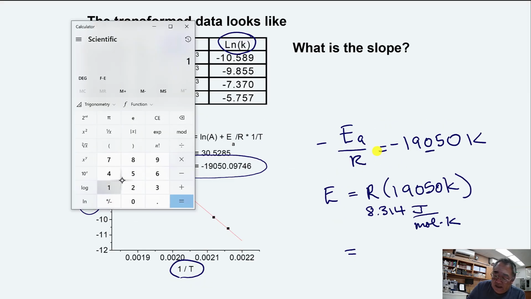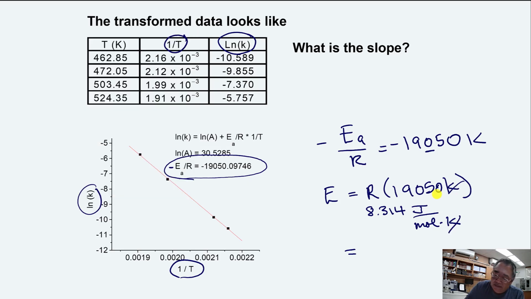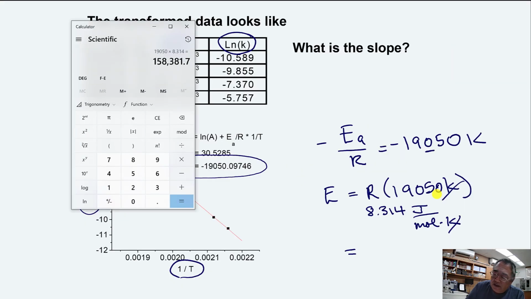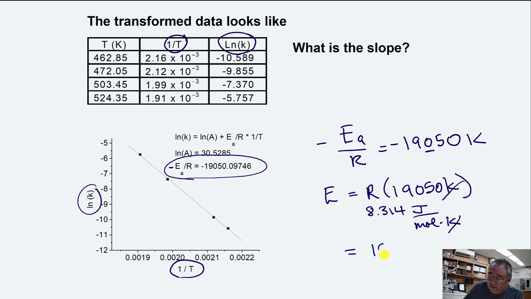So 19050 times 8.314, and the units, the Kelvin will cancel, right? And that's 158,381 joules per mole. I think it was 381.